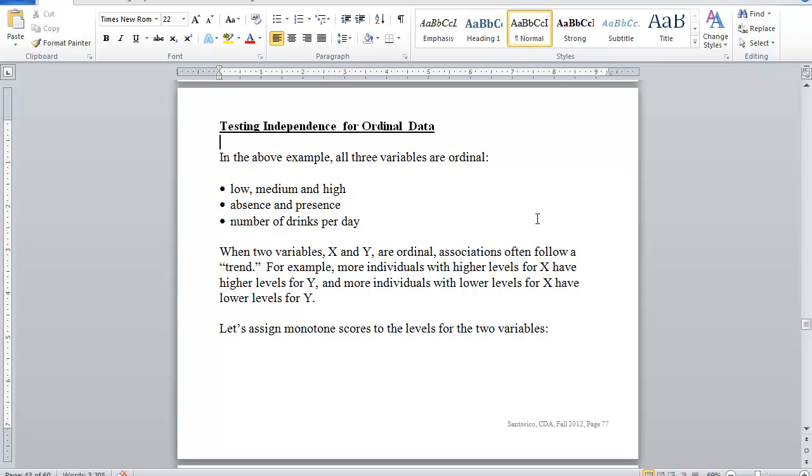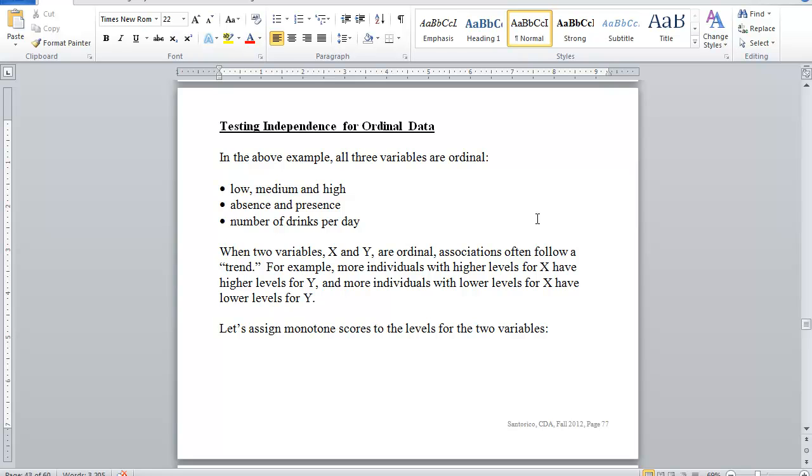So we've got 3 ordinal variables. One is low, medium, high, another is absence, presence, and number of drinks per day is the last one. Really what we're doing is looking for a trend between variables. You can connect this back to correlation, only we've got a small number of values that a variable can take.